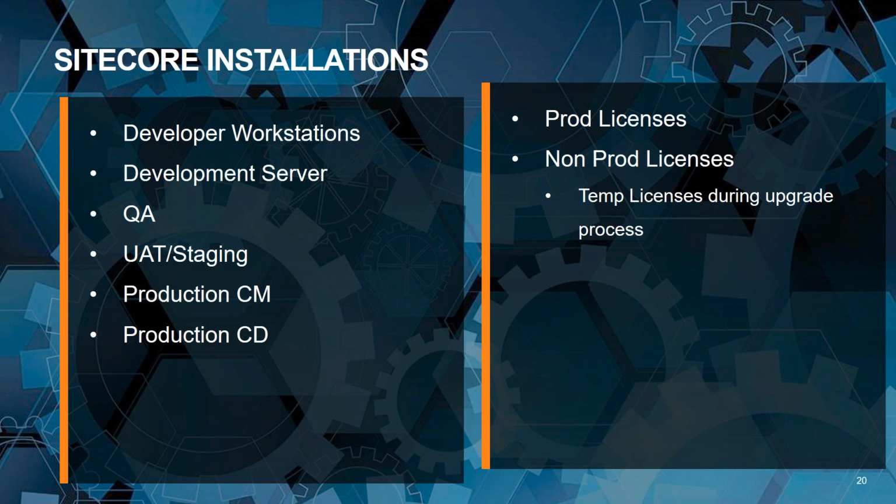Your Sitecore account rep should be able to help you with providing temporary licenses for this upgrade. So the first step during this upgrade is to identify your license need and contact Sitecore support to get a temporary license, if you need any additional license, to perform this upgrade.